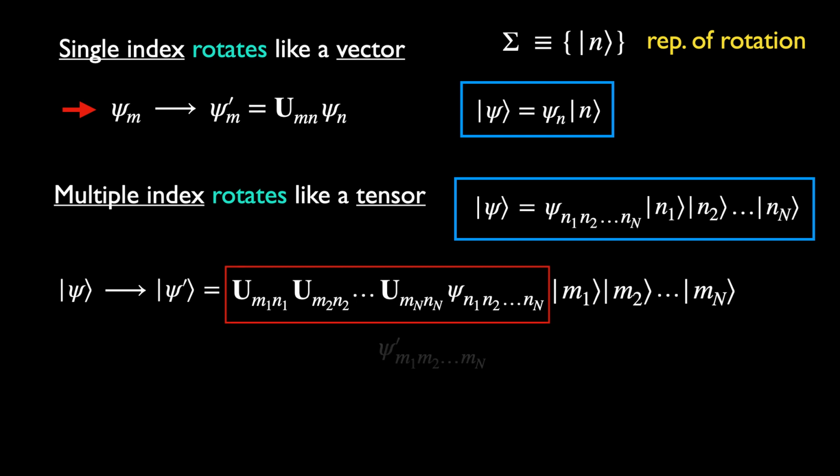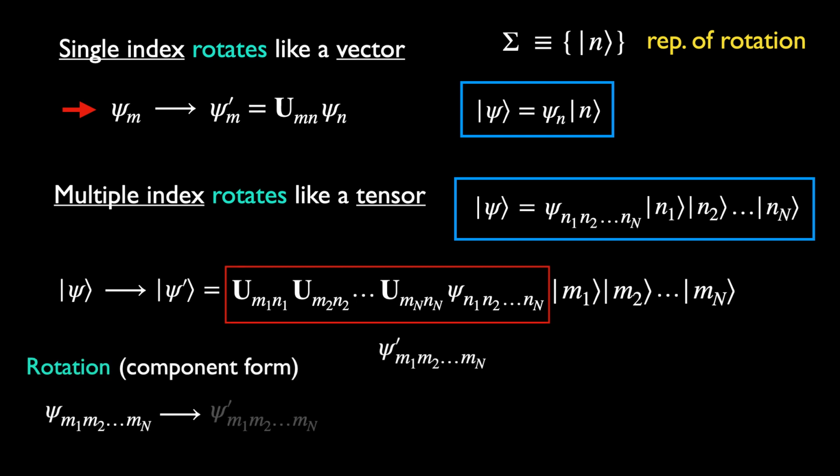We see that each index of psi simply rotates like a vector. This is how a multi-index tensor rotates.